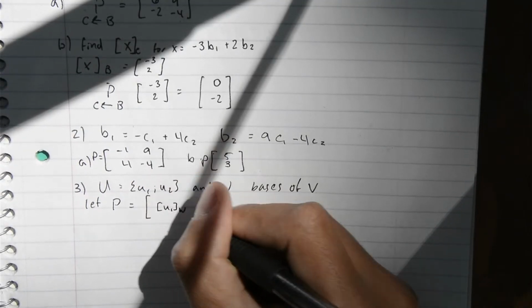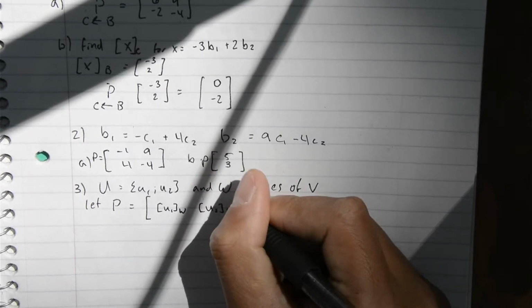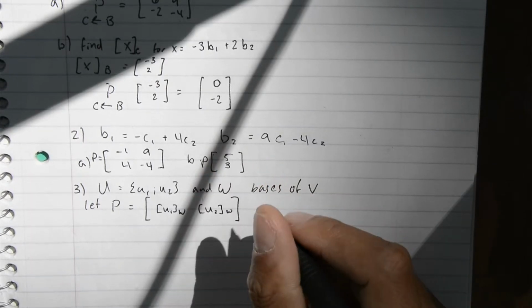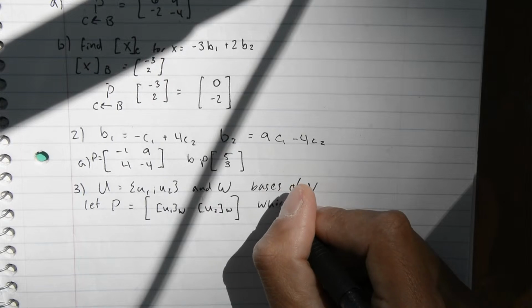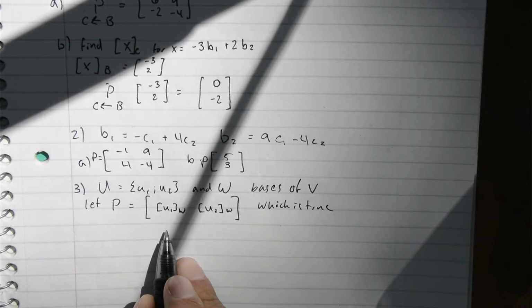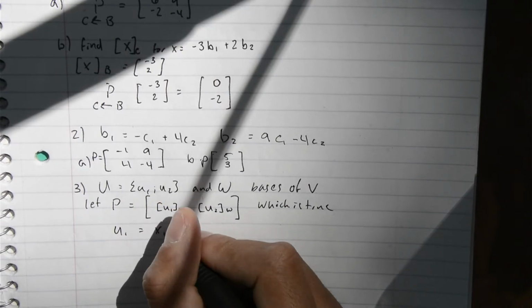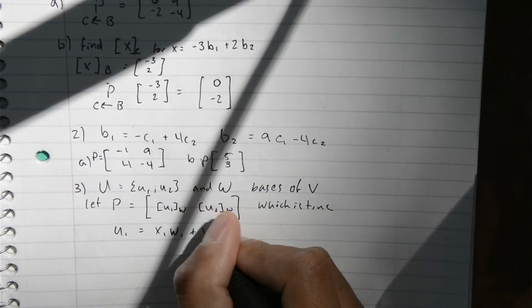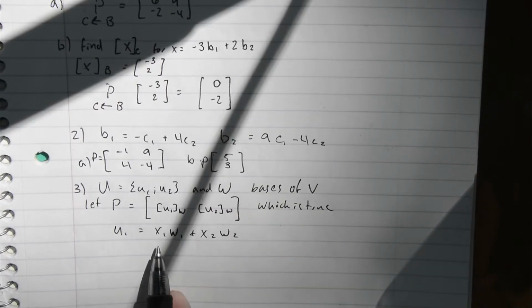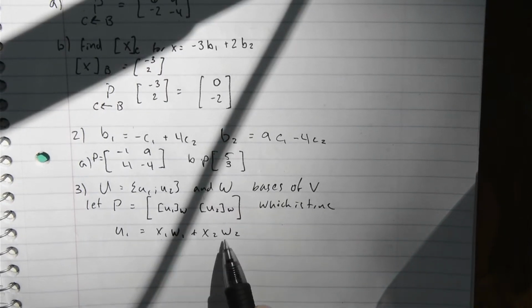U1 in terms of W and U2 in terms of W. Which is true. Okay, so what this is saying is that U1 is equal to x1 w1 plus x2 w2, where these are coefficients of the linear combination. So they're scalars and these are vectors.